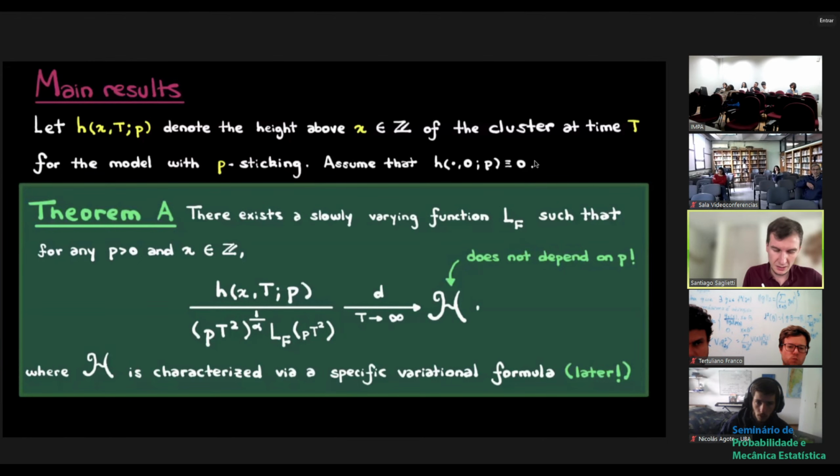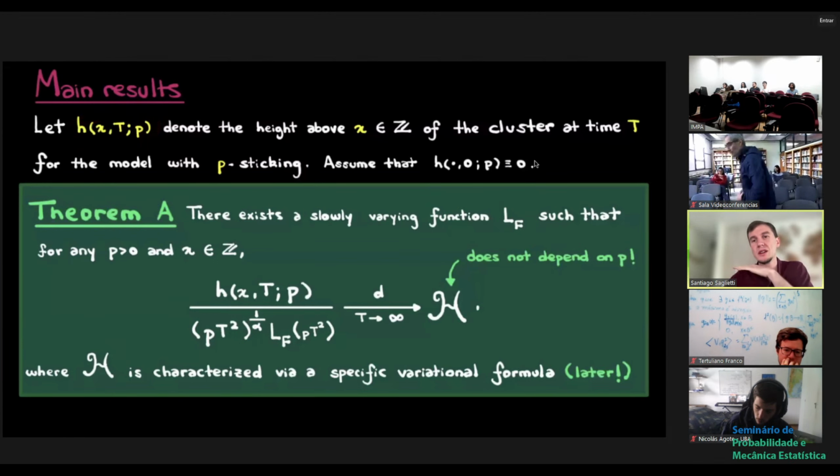If we denote by h(x,t;p) the height above the site x, the column of blocks sitting on top of x at time t, for the model with p sticking, where each block flips a coin which is heads with probability p or 1 minus p otherwise, and we assume that we start with a flat initial condition, so at time 0 there are no blocks sitting on top of the real line, then what we were able to show is that there exists a slowly varying function L_f, which is related to the distribution of the block heights, but it's not the same slowly varying function as before. It's related to that one.